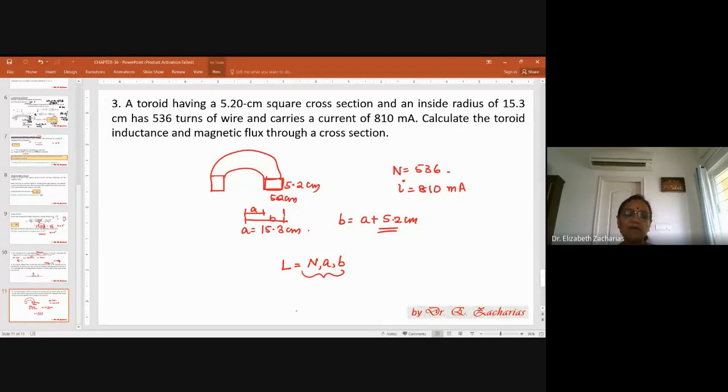Then find the magnetic flux. So to do the magnetic flux, what should you do? Mu naught N I by 2 pi R, that is your B. Then dA, to do dA, take a small dr. So what you do, 5.2 centimeter into dr. Do the integration from A to B. You get the flux.